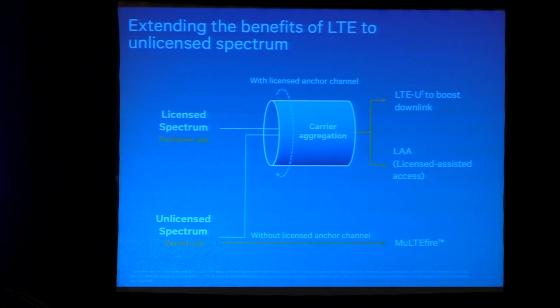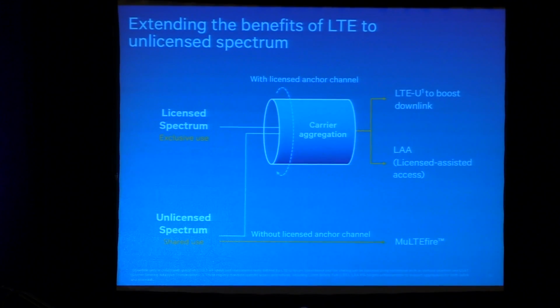Now, why didn't we do this on 3G? Well, there weren't really, with one exception perhaps, TDD, widespread 3G technologies to put in the unlicensed bands, which are mostly unpaired spectrum. With LTE, of course, that's not the case. There is TD-LTE.